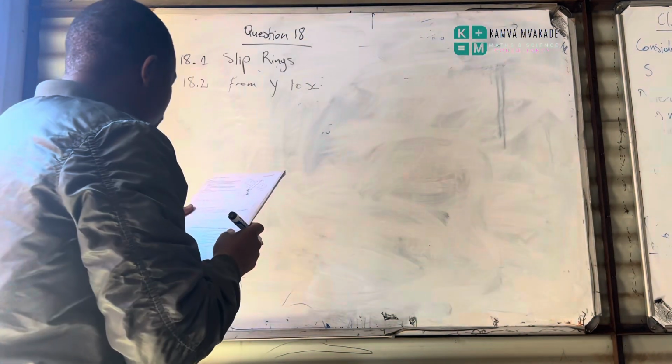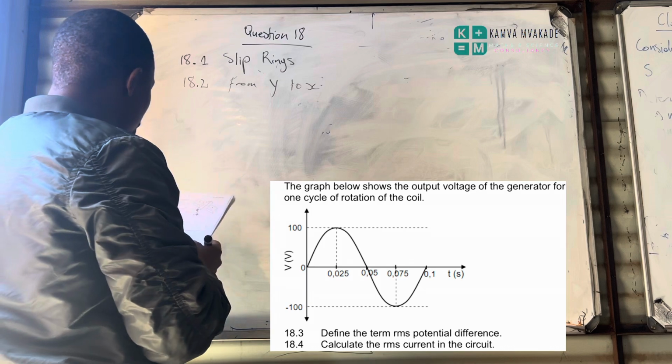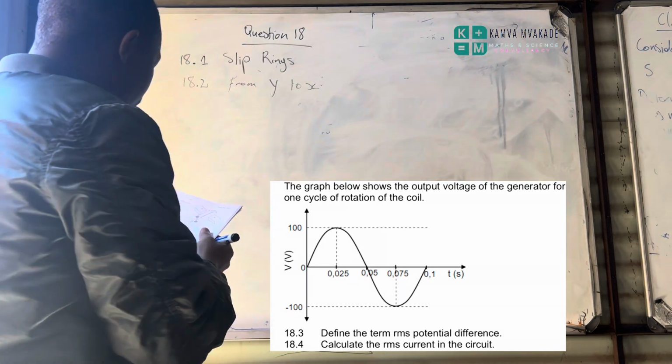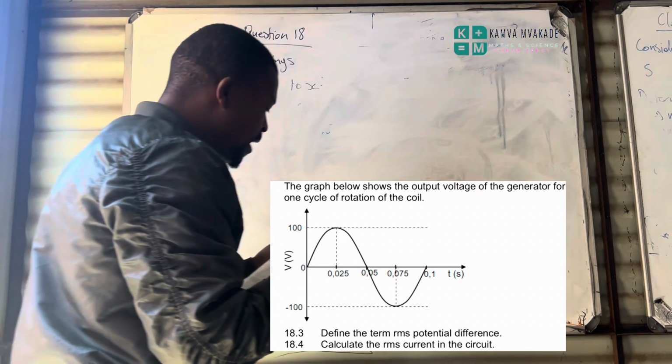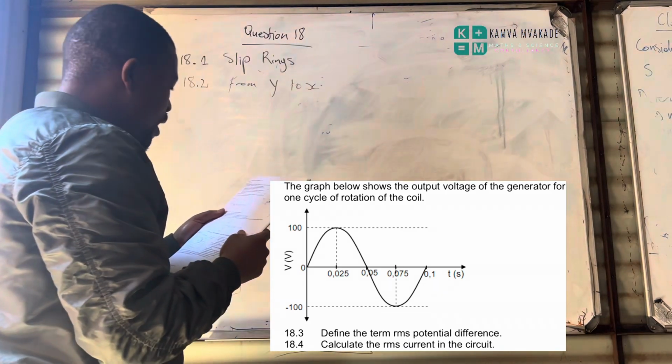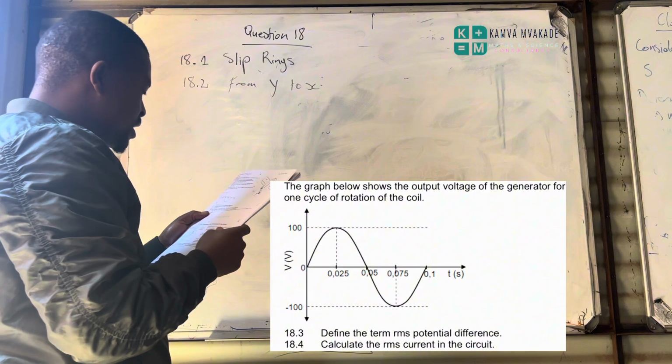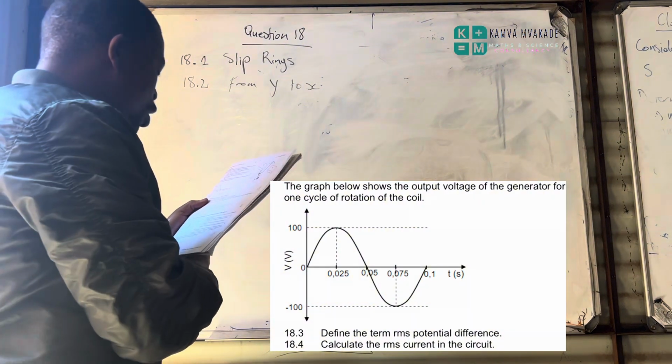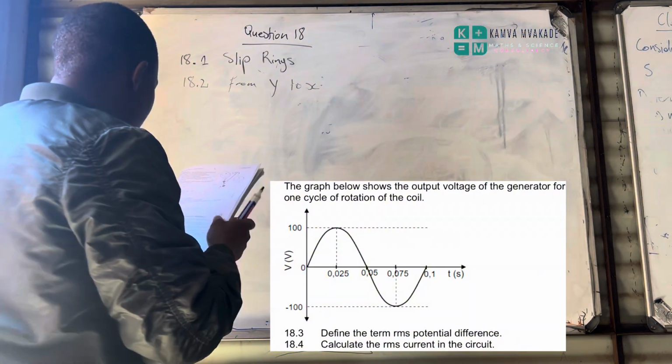And then the graph below shows the output voltage of the generator for one cycle of rotation of the coil. They say define the term root mean square potential difference.